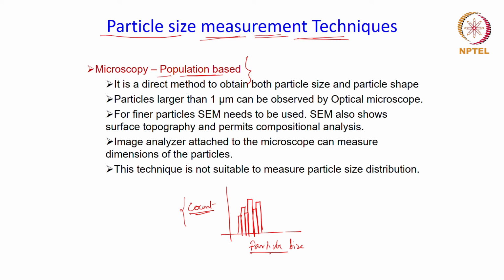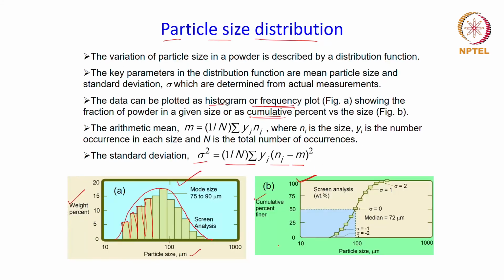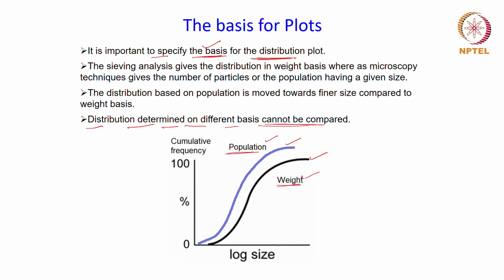One is through the histogram or the frequency plot, and another is the cumulative plot, where you sum up the previous particle sizes, or particle size above or below a given particle size, and that kind of plot looks like this, a typical S-shaped plot is obtained when the cumulative data is plotted.